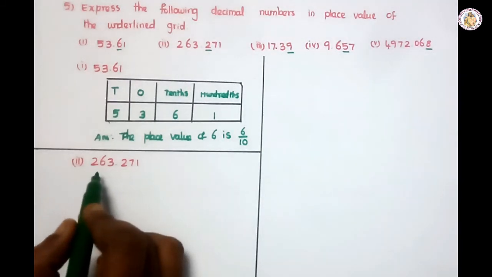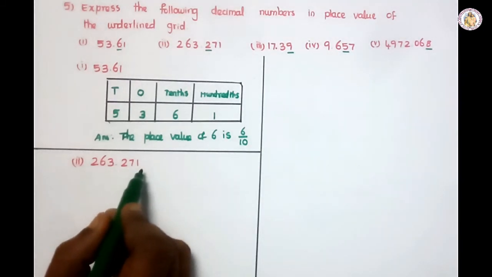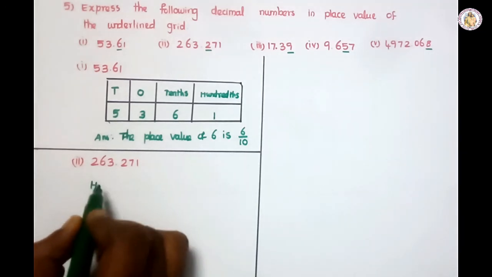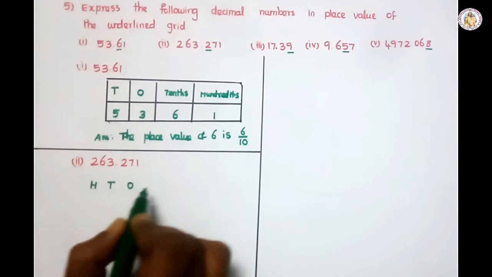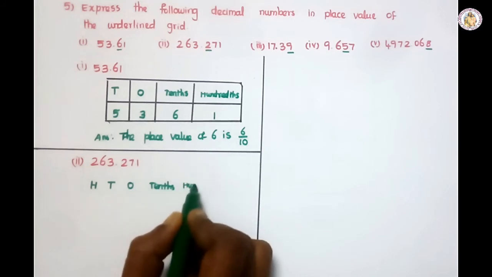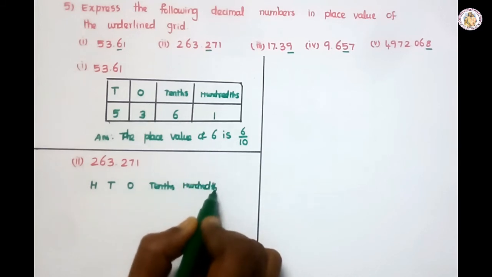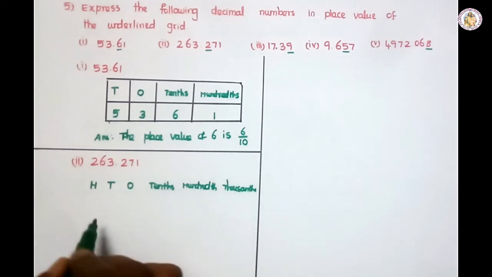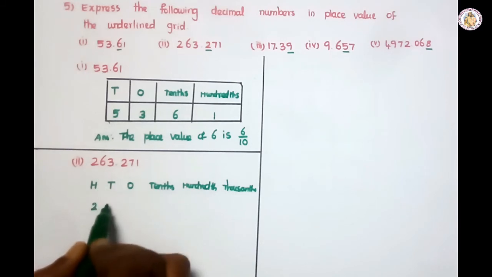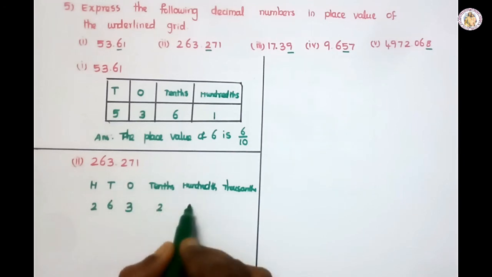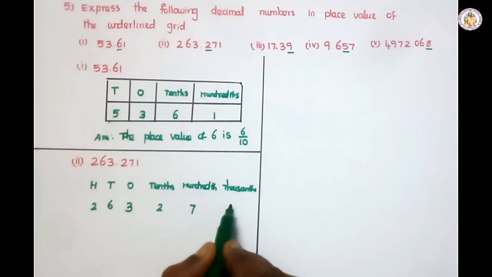Next sum, 263.271. Ones, tens, hundreds. So hundreds, tens, ones. Here tenths, hundredths, thousandths. Now 2, 6, 3. Here the 10th place is 2, the 100th place is 7, and the 1000th place is 1.